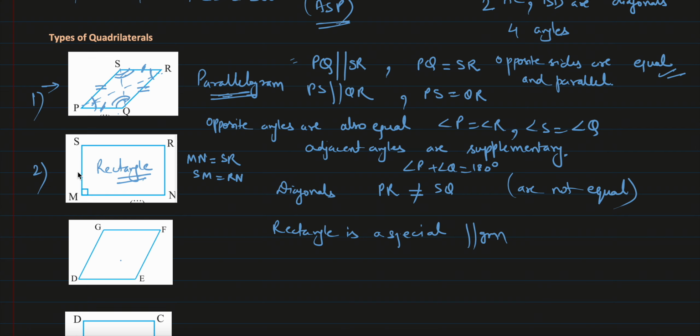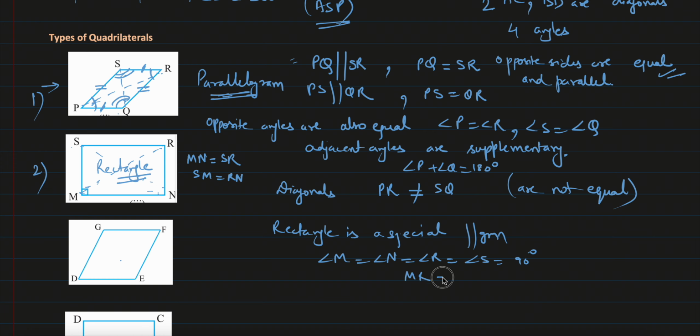Special thing over here is that all angles M, N, R, S are 90 degrees. So angle M equals angle N equals R equals S, all are 90 degrees. That's a different property here. But same thing applies here, opposite angles equal, and adjacent sum 180. Now another thing was diagonals. So diagonals in a rectangle are equal.